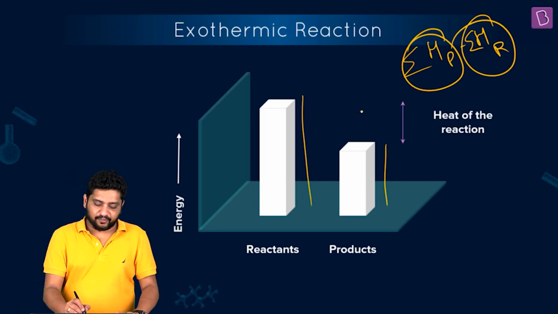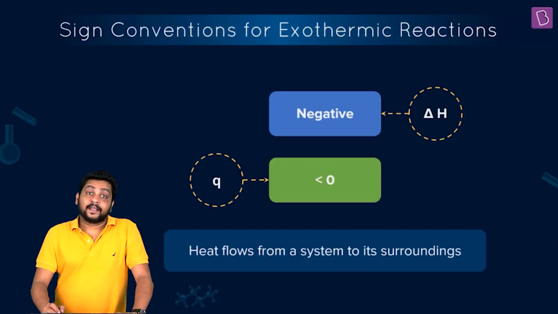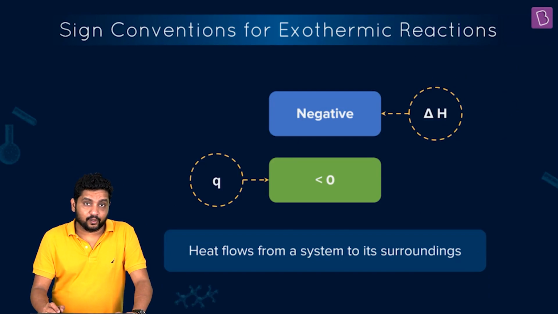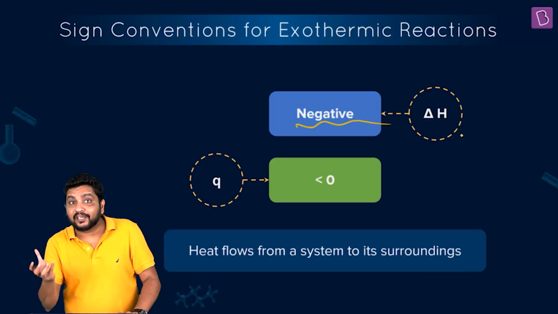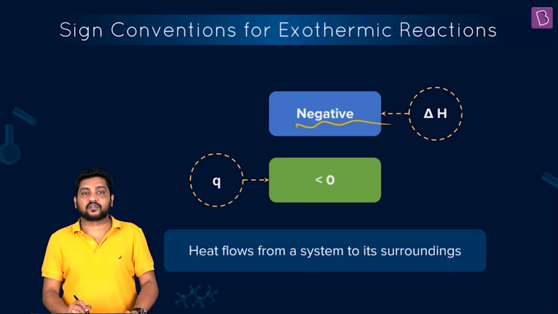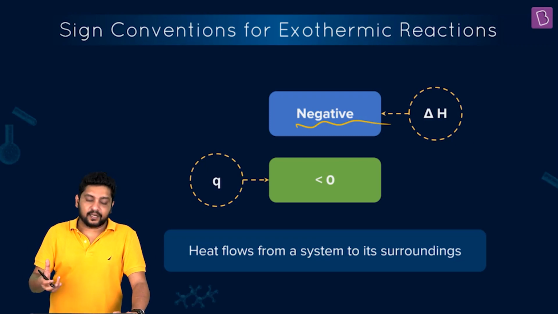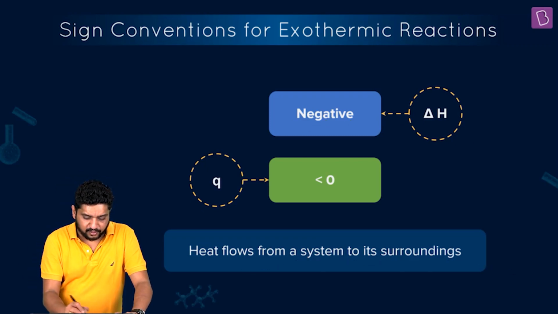Going forward, the difference between these is what we will call heat of reaction or delta H of reaction. So negative will be the value of your delta H if your process is exothermic, where the product is having a lower enthalpy compared to your reactant, right? So heat flows from system to surroundings.